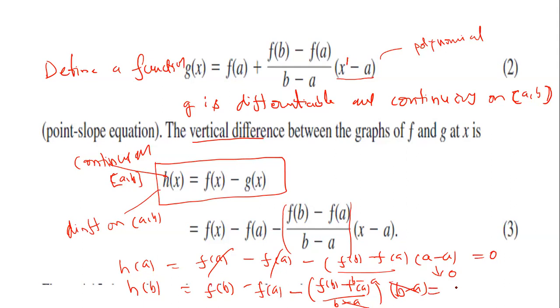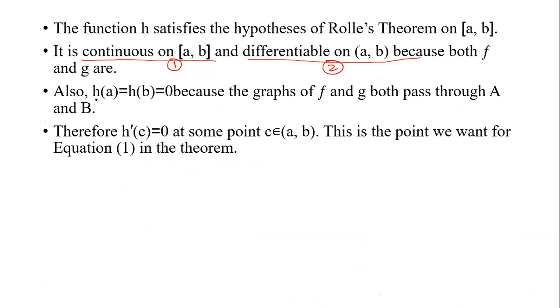Finally, you will get f(b) minus f(a) minus (f(b) minus f(a)), which cancels. Finally, you will get 0. Therefore, h(a) is 0 and h(b) is also 0. So h(a) and h(b) are equal. This is the third condition of Rolle's theorem.